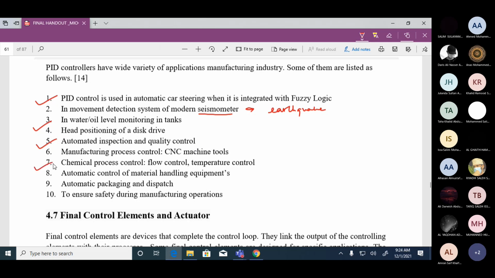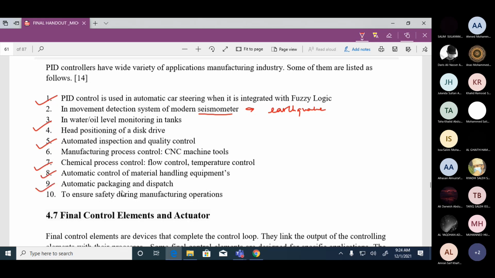Then in chemical process control, we go for flow control and temperature control, because you need to make sure that you are able to obtain the fuel that is desired. Then you have automatic control of material handling. You may have seen packaging units where there is one juice packet and 12 juice packets are put into another box. That is material handling.